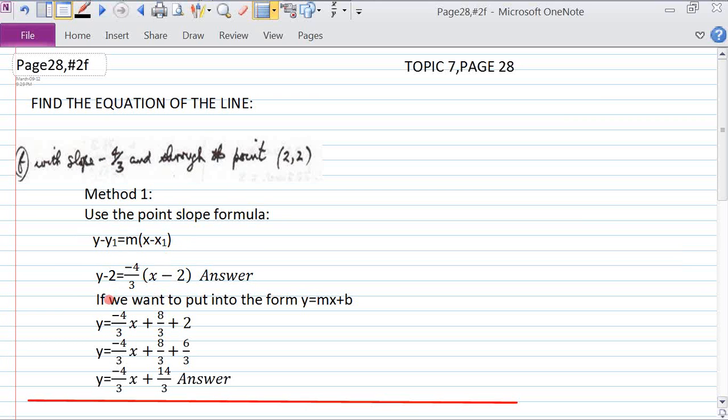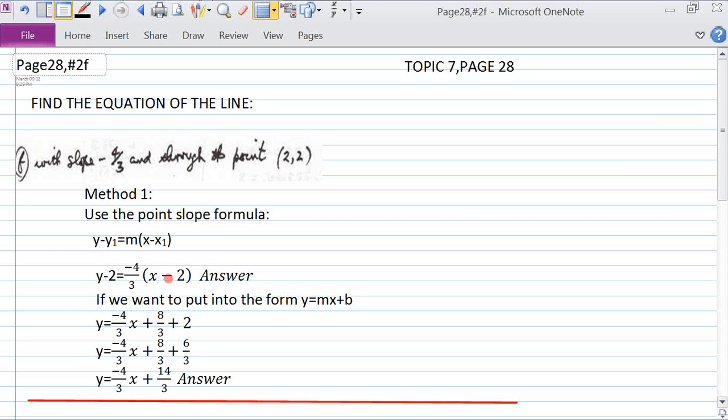Now, we can change this if we wanted to. We could change it into the form y equals mx plus b. Now, what I do here is I move the minus 2 from the left-hand side to the right side, and I remove the brackets. So if I remove the brackets, first of all, I get minus 4/3 x by the distributive rule right here.